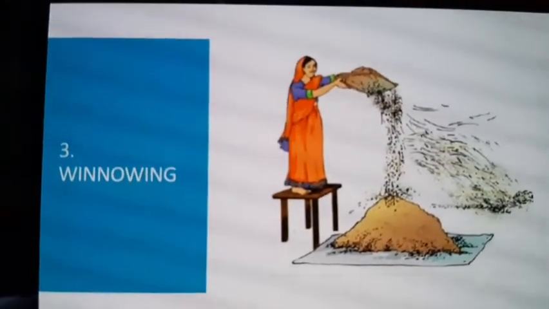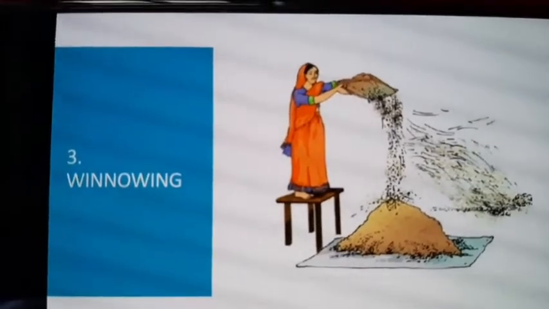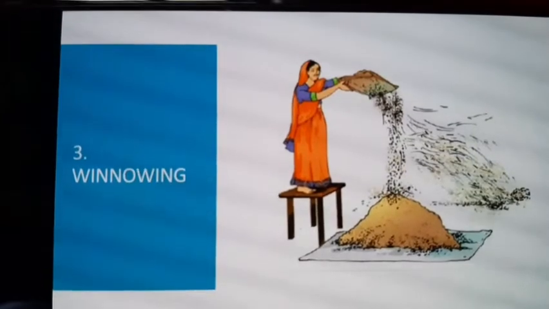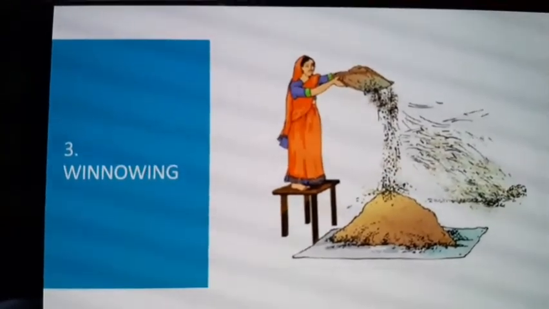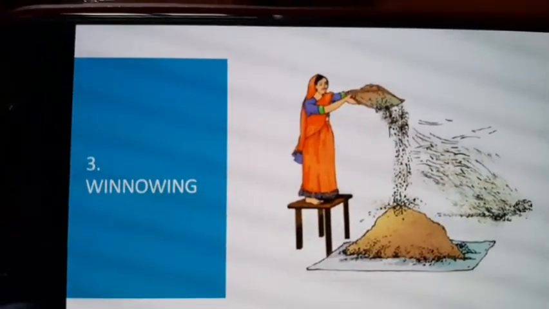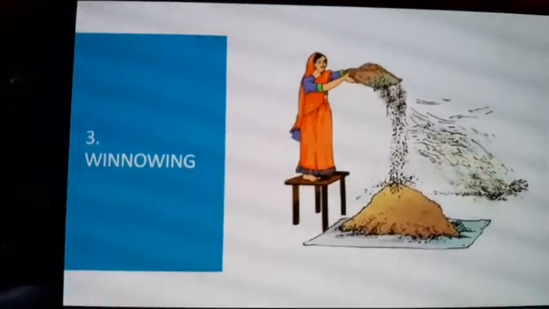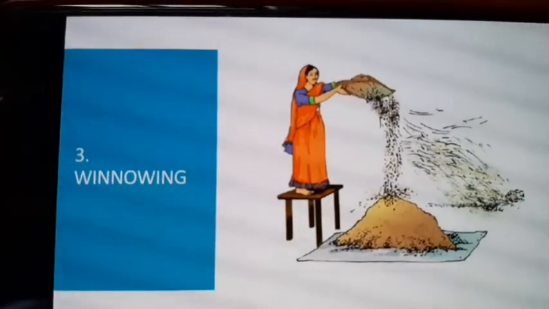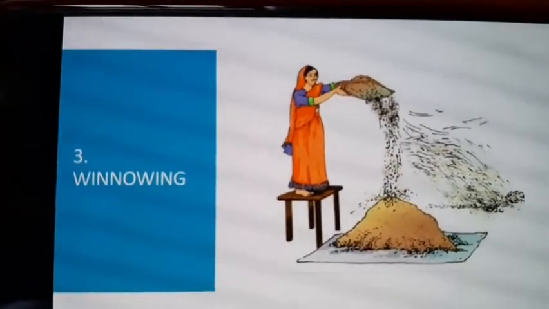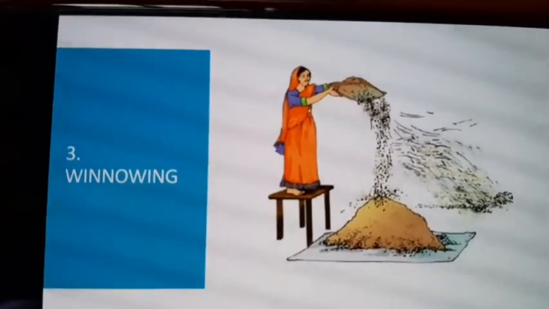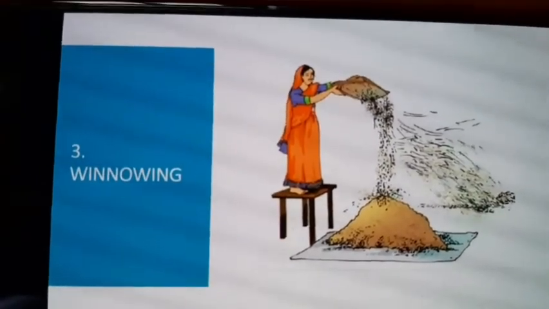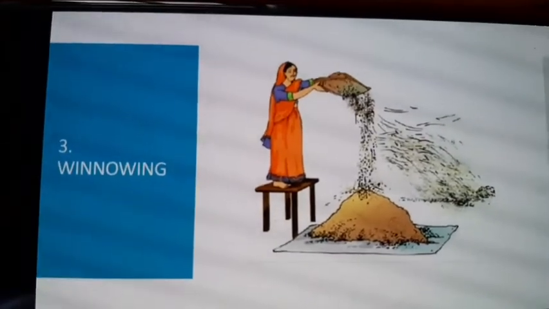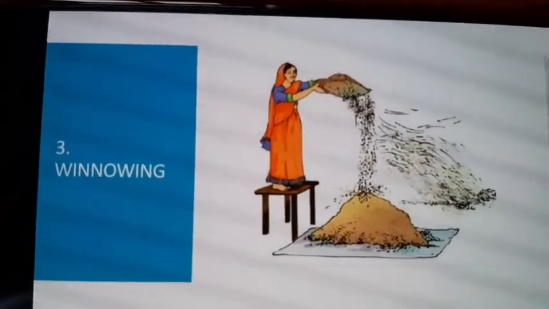So husk and grains are separated in the form of two heaps, and separated grains are used as an important component of our food, and the left out husk is used as fodder for cattle. So both of these components are taken into use. Grains are used for consumption as food, and husk is used as fodder for cattle. So it was about the third technique, that is winnowing.